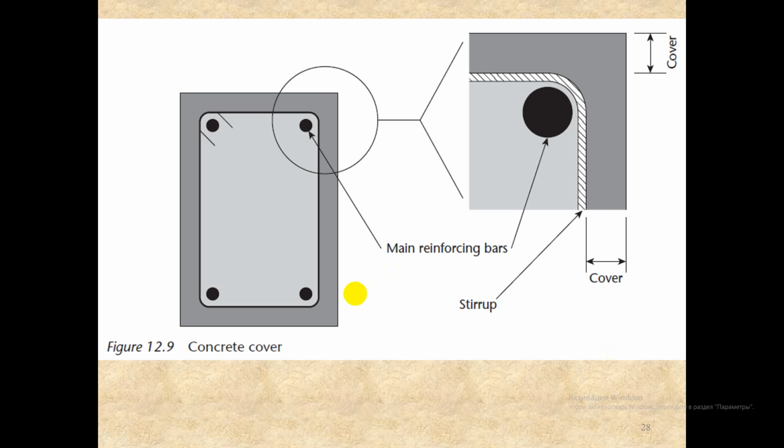Cover as a means of influencing durability. Cover to the reinforcement is generally regarded as the most important line of defense against reinforcement corrosion, and is defined as the distance between the outer surface of the reinforcement and the nearest concrete surface.